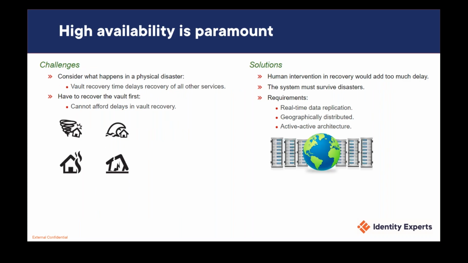So from a perspective of moving to a privileged access management system, in simple terms, you're putting all your eggs in one basket, potentially. So anytime you do that, you want to make sure that basket is as available as possible. And you want to make sure that basket is available in multiple locations at the same time in the event a location has an outage or an issue.